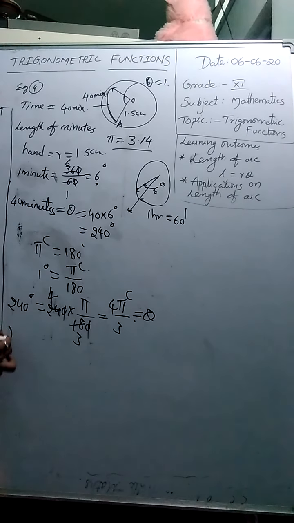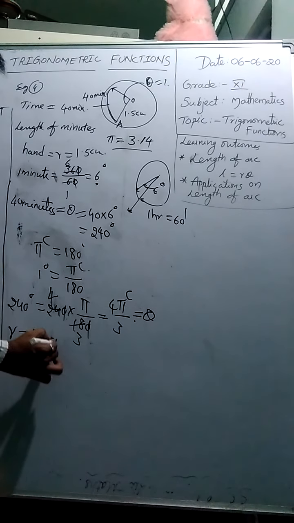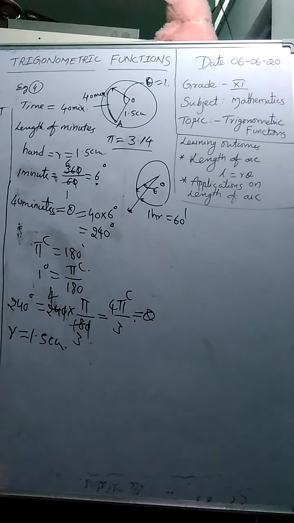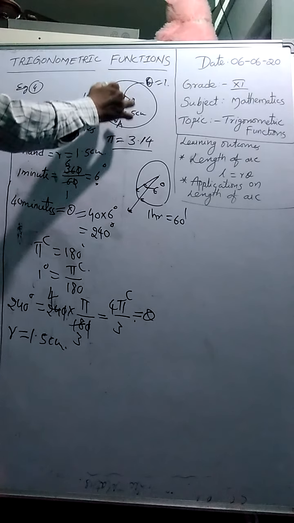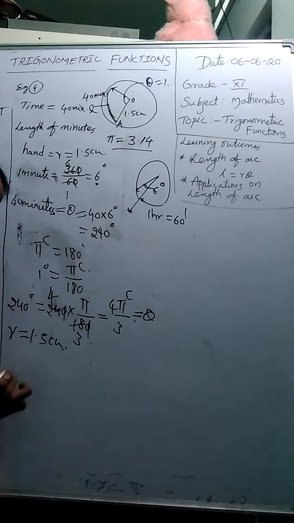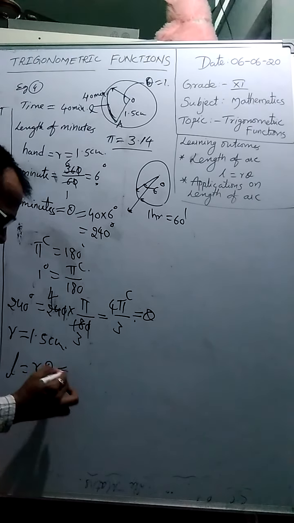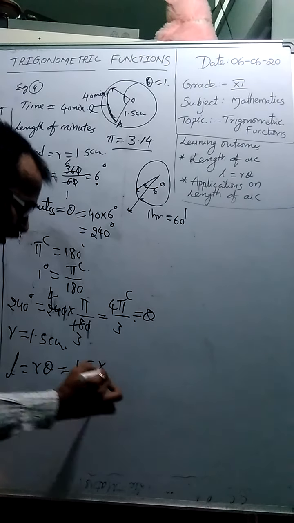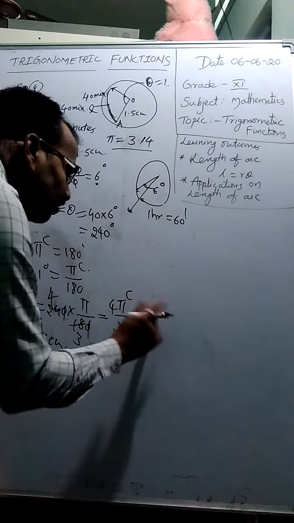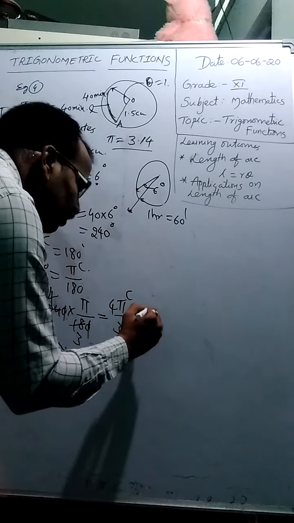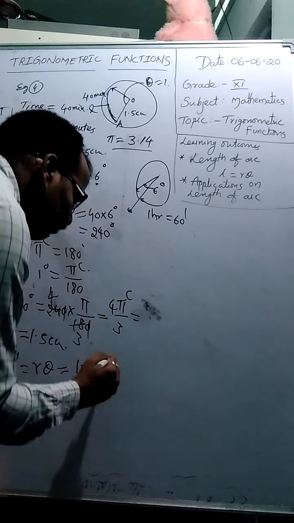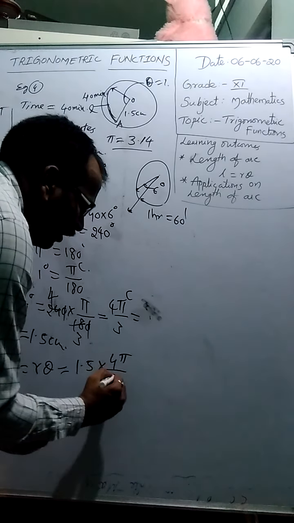Then the R value, according to the problem, is 1.5 centimeters, nothing but the length of the minute hand. Now we need to find the L value. So L is equal to R theta. R is 1.5 and theta we have, 4 pi by 3.